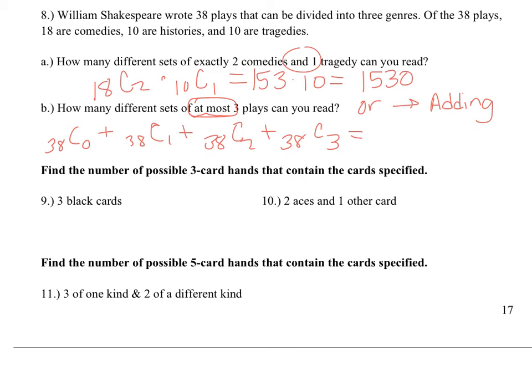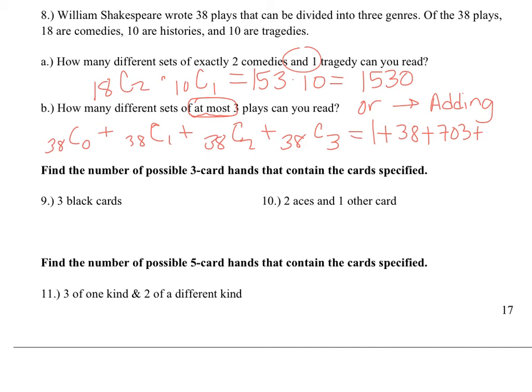So if we choose not to read any at all, there's only one way to do that. We simply don't read any. If we want to choose 1, there's 38 different ways to do that, because there's 38 to choose from. If we want to choose 2, we're up to 703 different ways that can happen. And again, I just typed this into my calculator with the stored formulas to find these numbers.